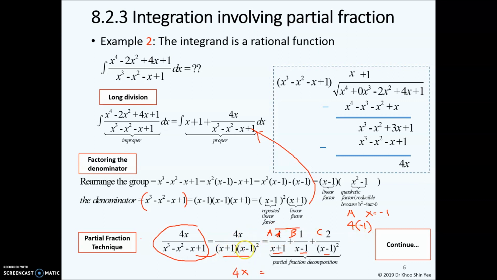So the denominator you multiply to both sides, this part will be cancelled, and then on the right hand side you get your a, multiplied with this you get x minus 1 squared only, plus your unknown constant b, multiplied with x minus 1, so it can be cancelled off, you get x plus 1 and x minus 1, and lastly plus c, multiplied with it you get x plus 1 only.